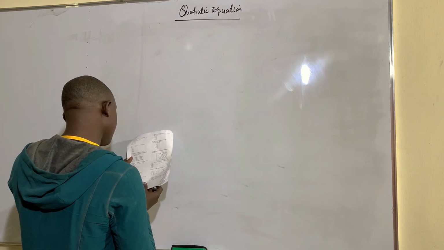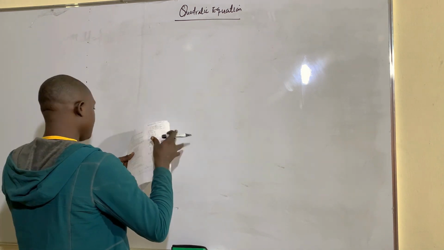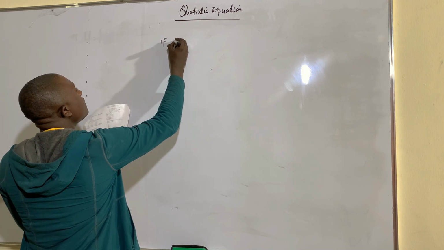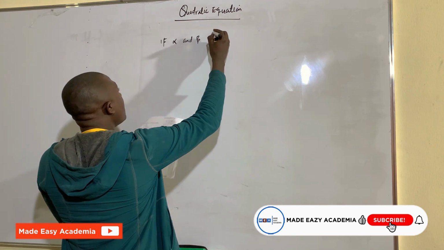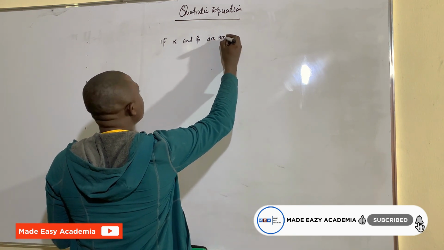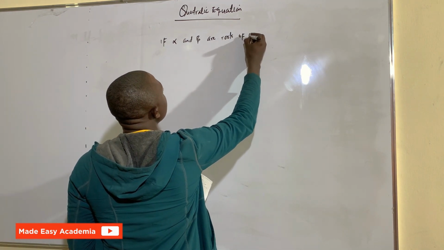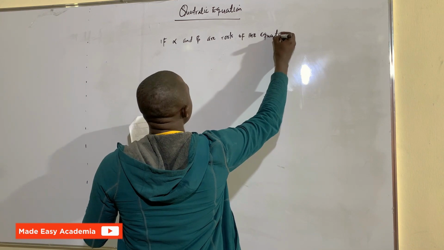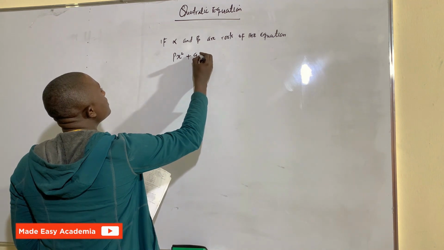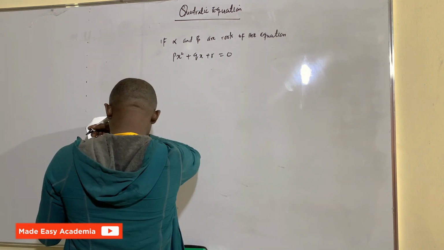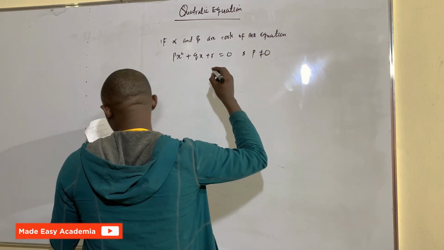We are given a problem like this: if alpha and beta are roots of the equation px squared plus qx plus r equal to 0, and p is not equal to 0. It's a good condition, p is not equal to 0.